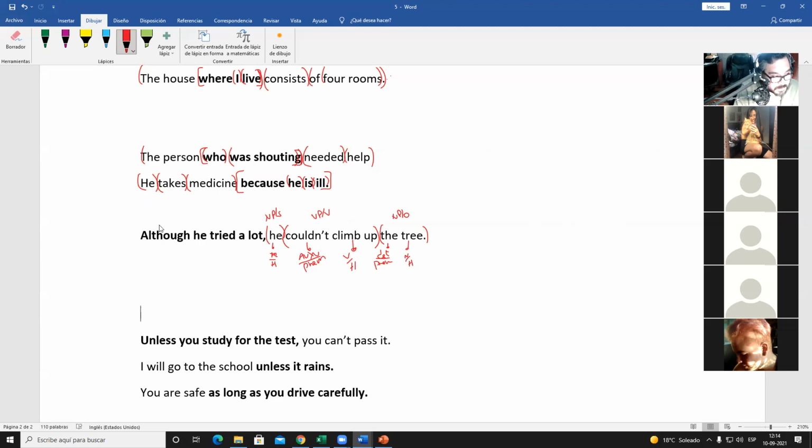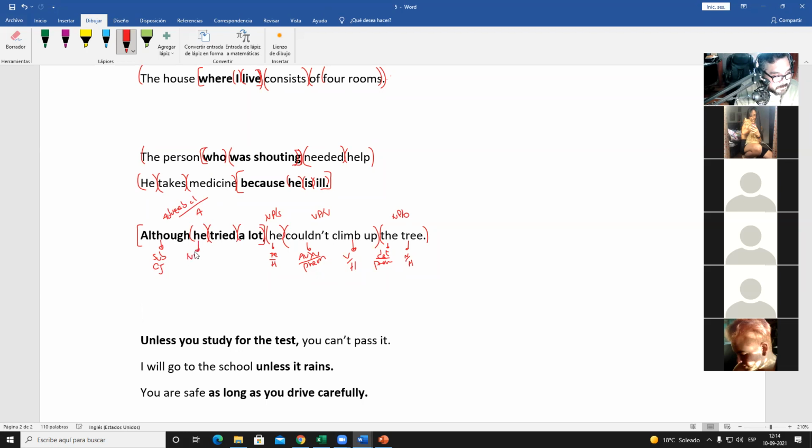Although he tried a lot is then my subordinate clause. In this case, we also call it adverb clause, playing the role of adverbial, where although is my subordinating conjunction, tried, my verb, who tried, he tried, and then a lot.